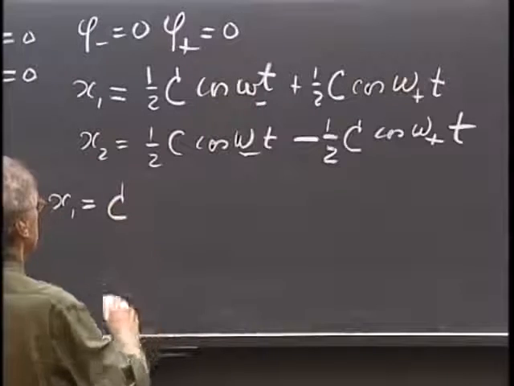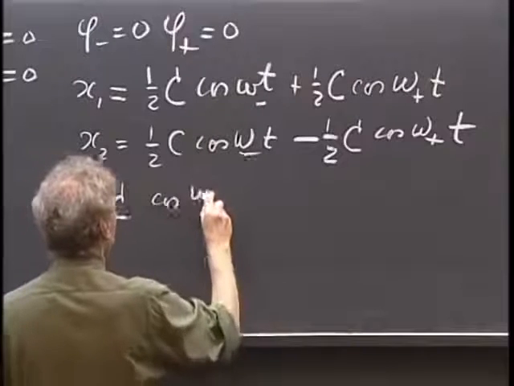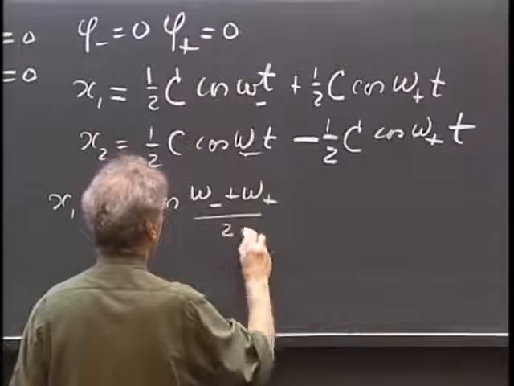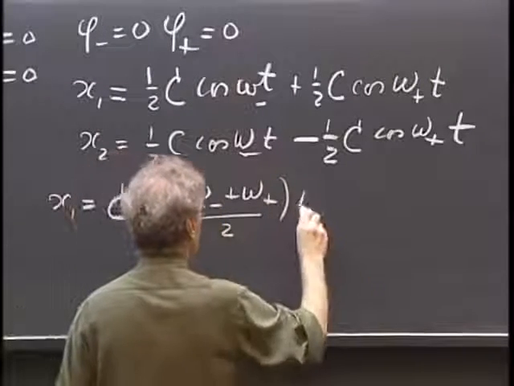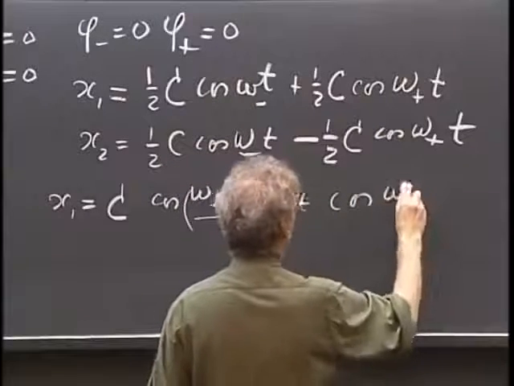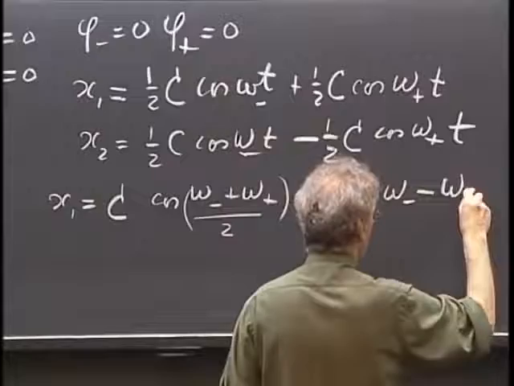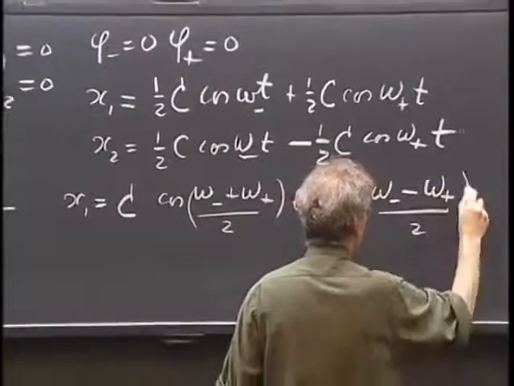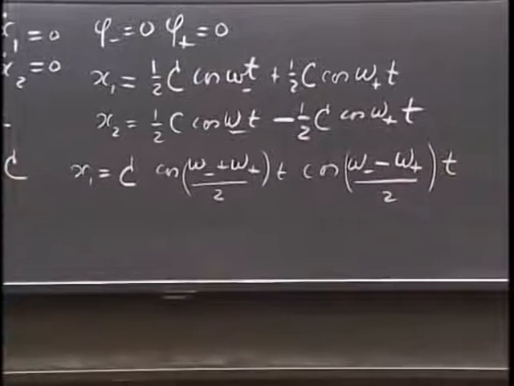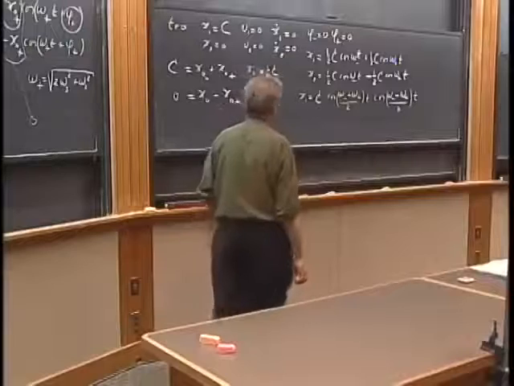So I get c times the cosine omega minus plus omega plus divided by 2 times t times the cosine of omega minus minus omega plus divided by 2 times t. I've just rewritten it in a different form.